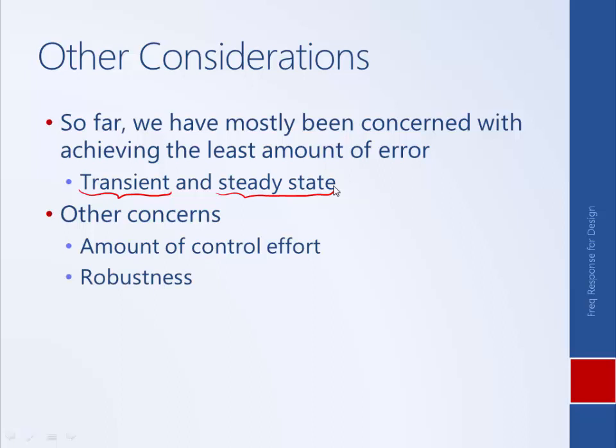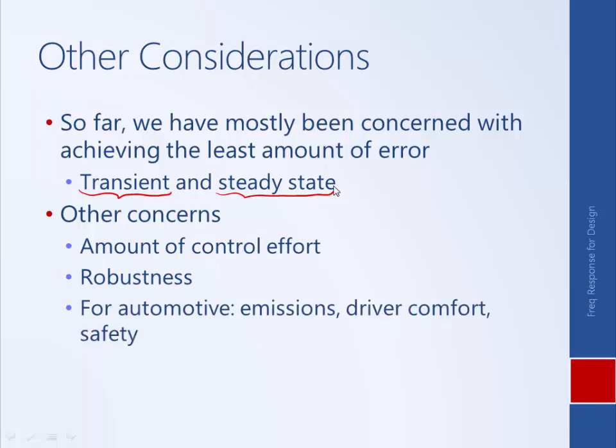Also, we may be concerned with the robustness of the system, robustness to undesired inputs or to uncertainty in our system. In automotive applications, some things we might be concerned with are emissions, driver comfort, driver safety, and the safety of our components and system.